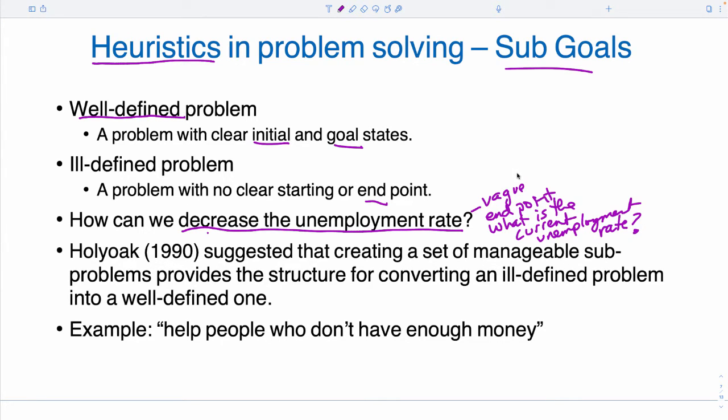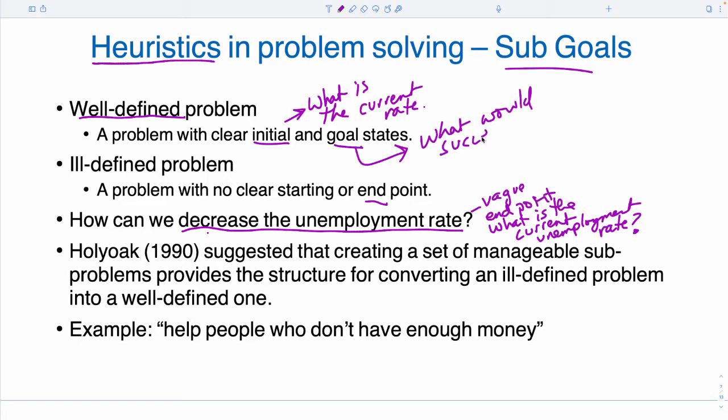So if we want to work on this problem, then we need to create initial and goal states. The initial state is, where are we now? What is the current rate? And the goal state is then what would success be? What rate would be the success, or how many people with good jobs would that be?